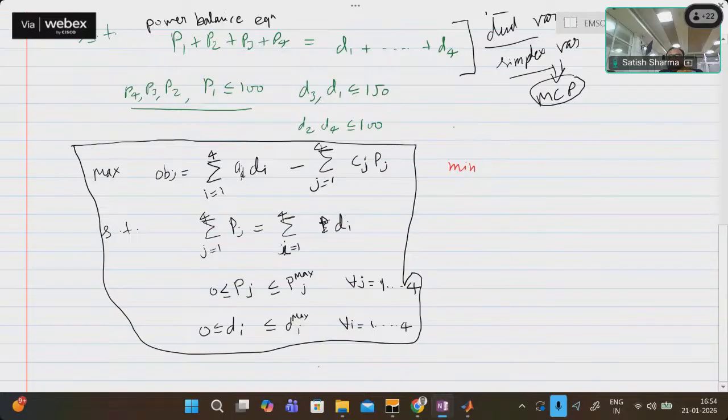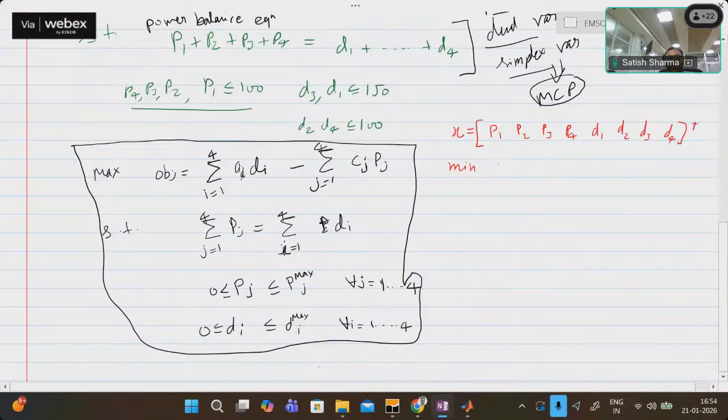So I have defined x equal to p1, p2, p3, p4, then d1, d2, d3, and d4. These were the variables we had.